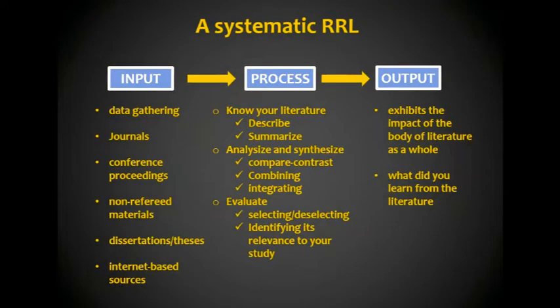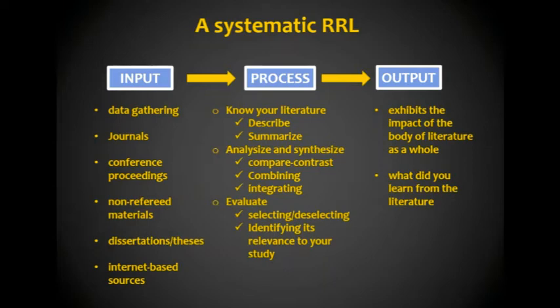Now, on the next slide, you can see here the systematic RRL, where we have an input, where we gather data. When we mean data, we mean journals, conference proceedings, non-refereed materials, dissertations or theses.